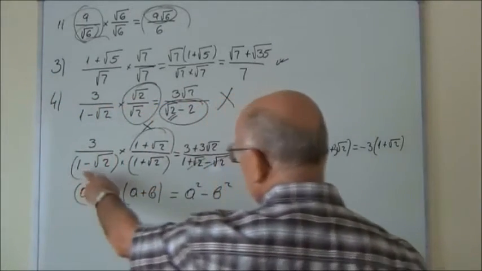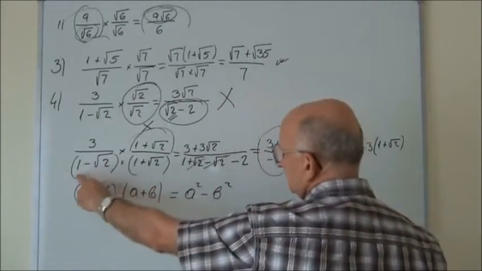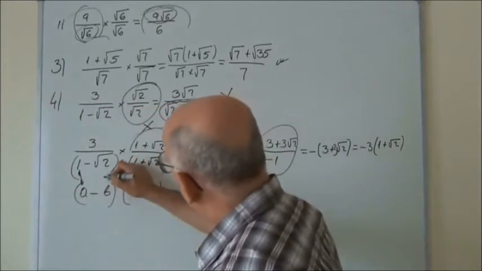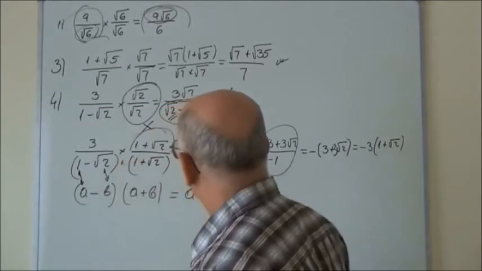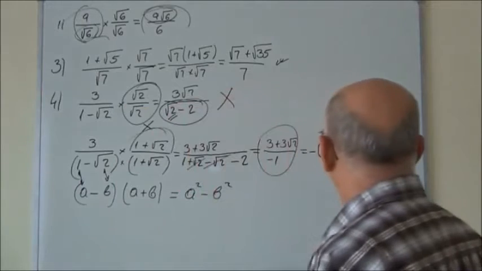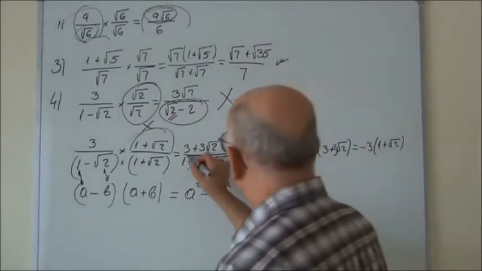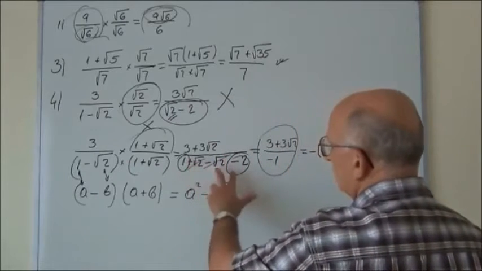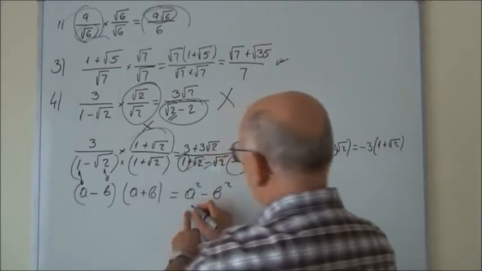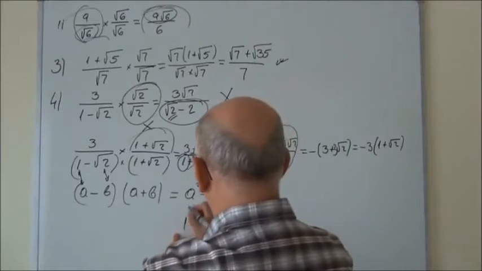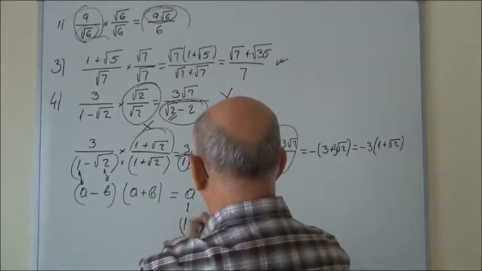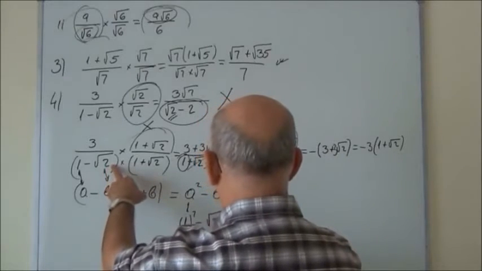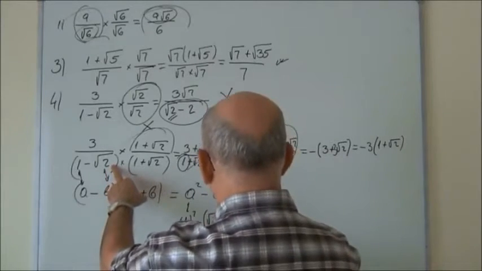Then if our a is 1, because on that place, and our b is root 2, then for the denominator we have those two when we multiply, but using this formula it will be a to the power 2 minus b, which is root 2, to the power 2.